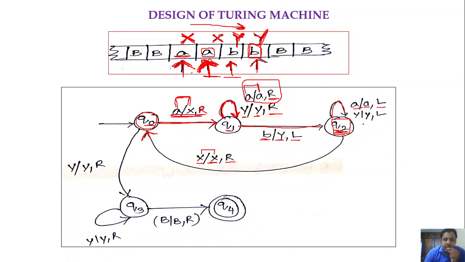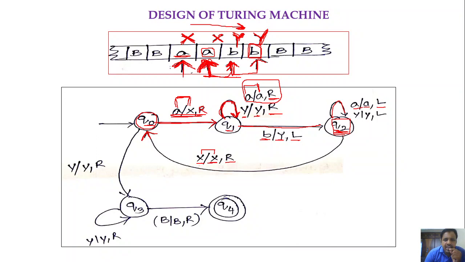Now during the left movement of the head, if we find any y's or any a's, we have to keep those as they are and keep on moving left until we get the x symbol, right? So if we move the head towards the left, we will get y. Y will remain y and we will move the head towards the left.